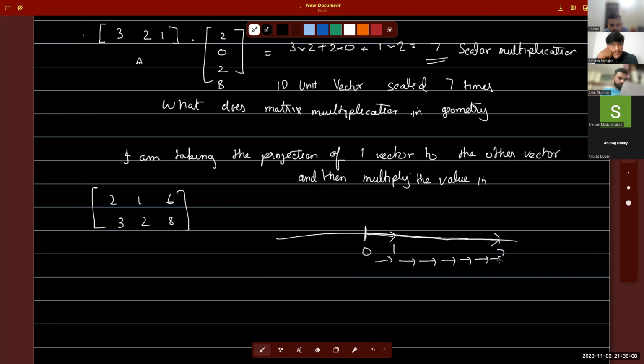So what Atharva was trying to say about the vectors is that he's taking the projection of one vector onto the other one, right, Atharva? And your dot product is just the magnitude of the projection. Is that correct?